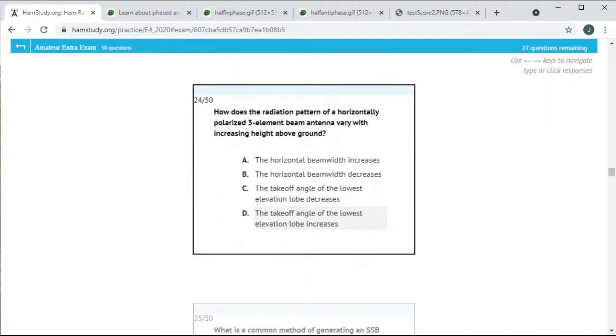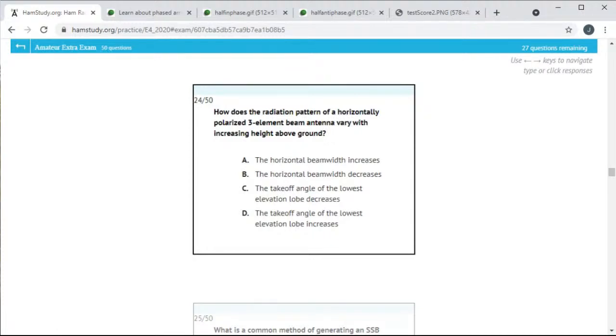How does a radiation pattern of a horizontally polarized 3-element beam antenna vary with the increasing height above the ground? A, the horizontal beam increases. B, the horizontal beam decreases. C, the takeoff angle of the lowest elevation lobe decreases. D, the takeoff angle of the highest elevation lobe increases.